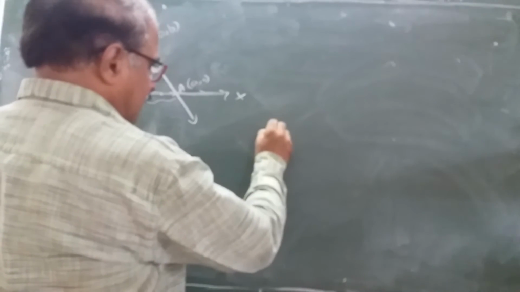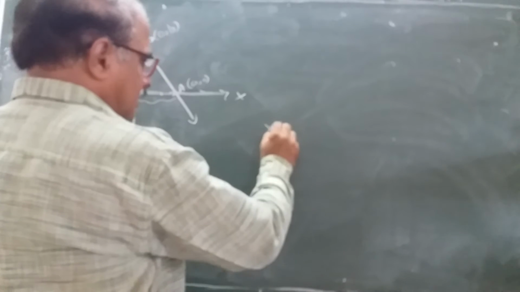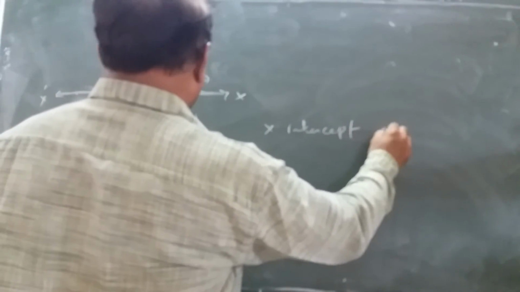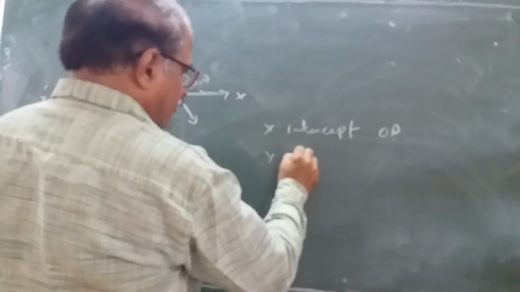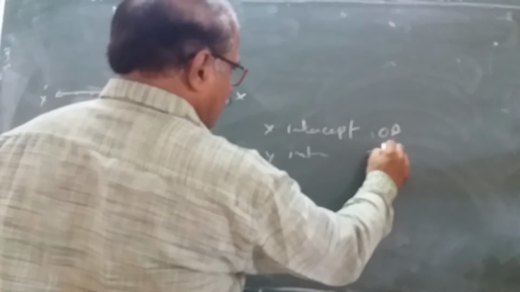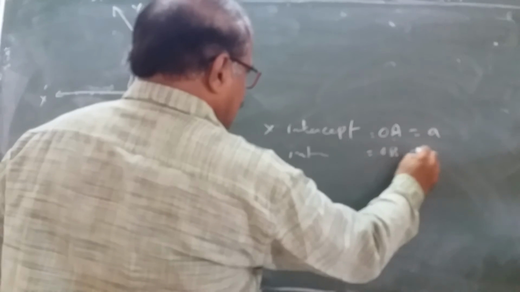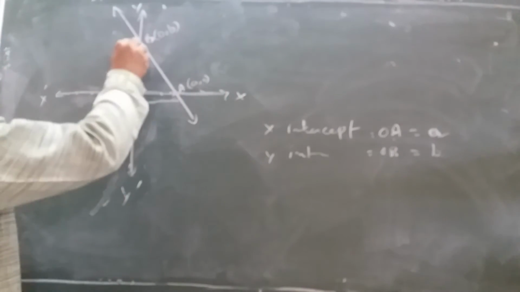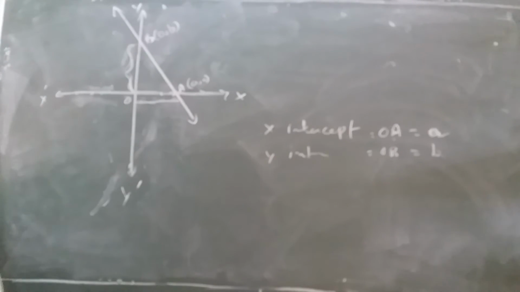So the x-intercept is equal to a, and the y-intercept is equal to b. That is small a, small b. This is the x-intercept and this is the y-intercept.